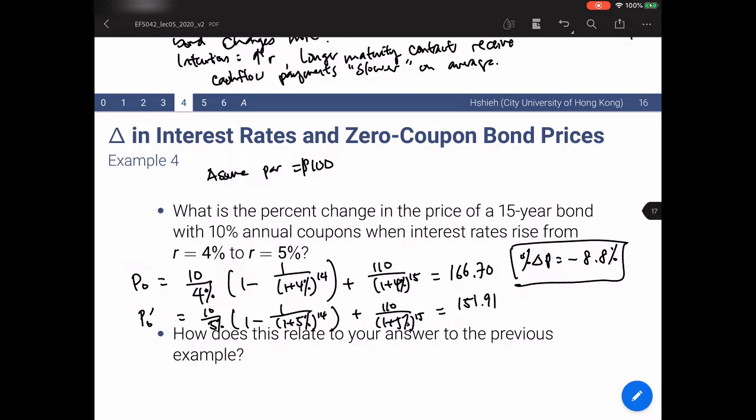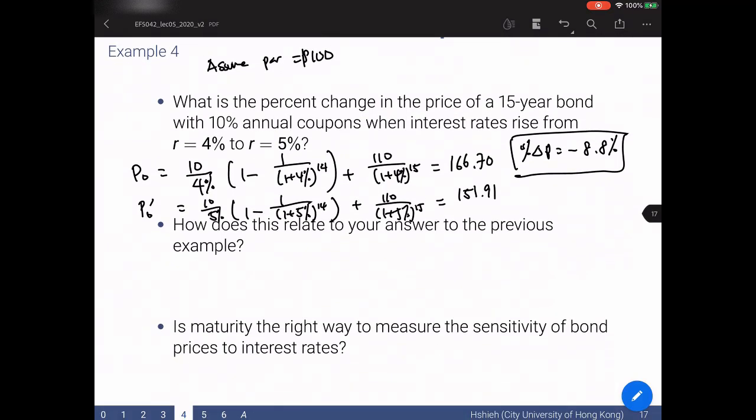The percent change in bond price for a 15-year coupon-bearing bond is only negative 8.8%, okay? So how does this relate to your answer to the previous example? We find that the 15-year coupon bond is less sensitive than the 10-year zero coupon bond. And so maturity is not the right way to measure the sensitivity of bond prices. Actually, we need a way to measure the speed at which one receives the cash flow payments of the asset, right?